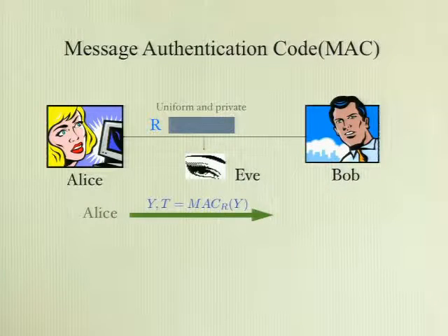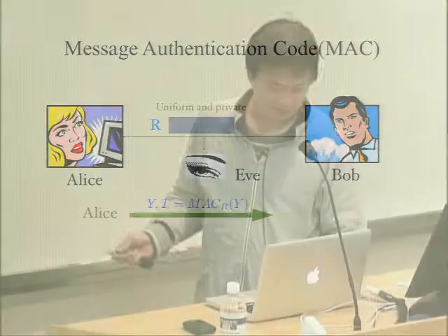So what does this MAC do? Essentially, Alice picks a uniform random string y, chosen from her own local uniform random bits. And Alice sends this string y together with some tag t.